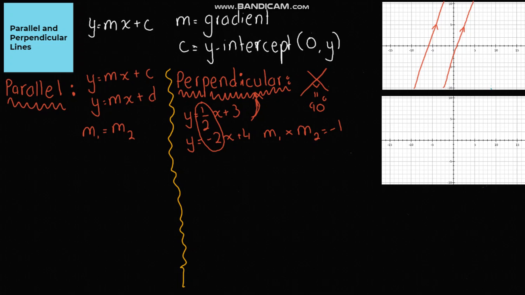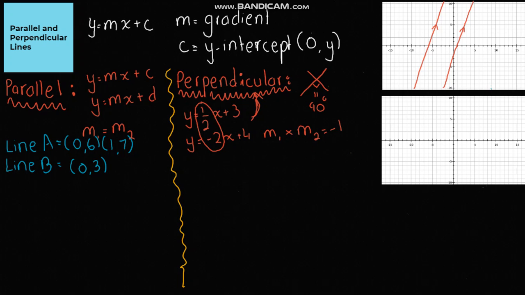You have line A. Line A lies on two points, (0, 6) and (1, 7). Line B lies on one point, which is (0, 3). And these two lines are parallel.